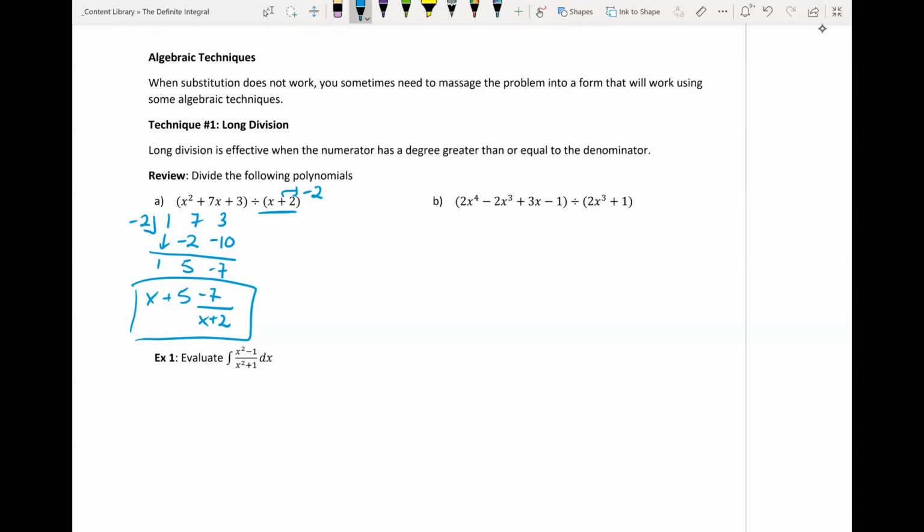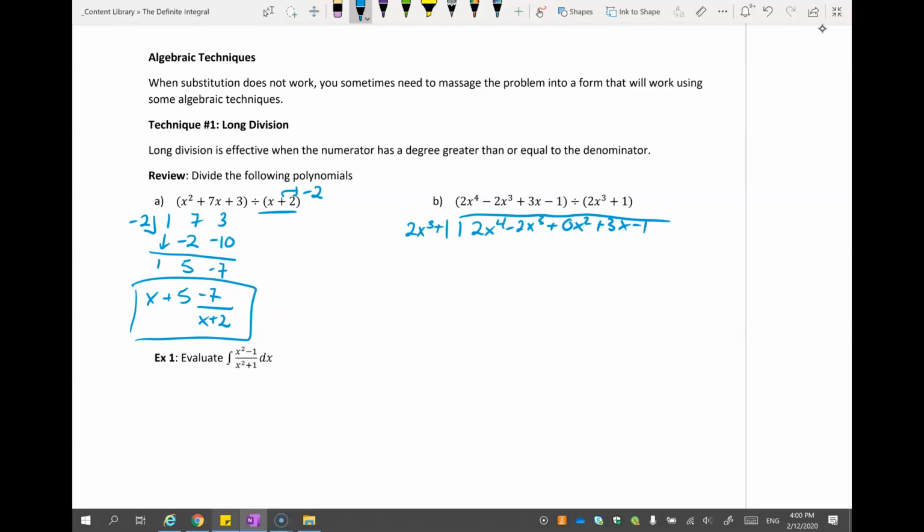For long division, I'm going to write this out in long division. Do not forget your placeholder for x squared. We're dividing by 2x cubed plus 1. Our goal is to figure out how to get this 2x cubed plus 1 to cancel out with the 2x to the power of 4.